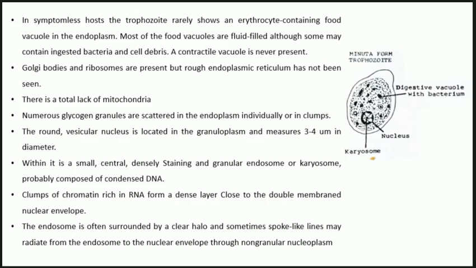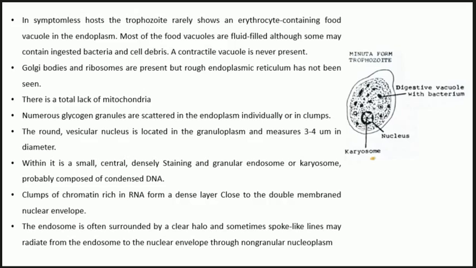Numerous glycogen granules are scattered in the endoplasm, individually or in clumps, and a round vesicular nucleus is located in the granuloplasm, 3 to 4 micrometer in diameter. A small central densely stained granular endosome or karyosome, composed of condensed DNA, is also visible in the diagram, as you can see.